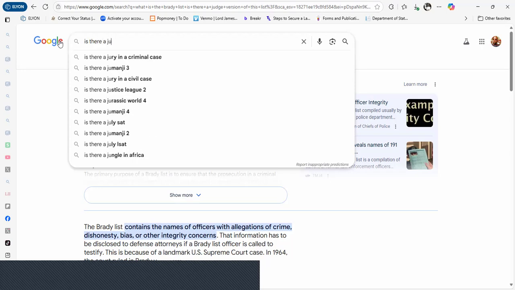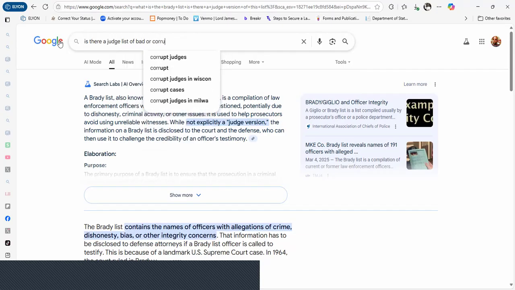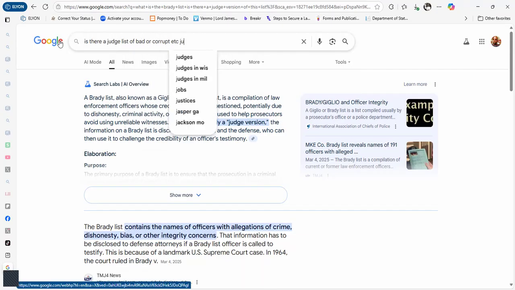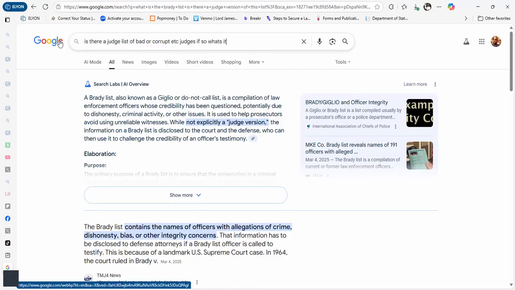Is there a judge list of bad or corrupt judges, etc.? If so, what's it called?